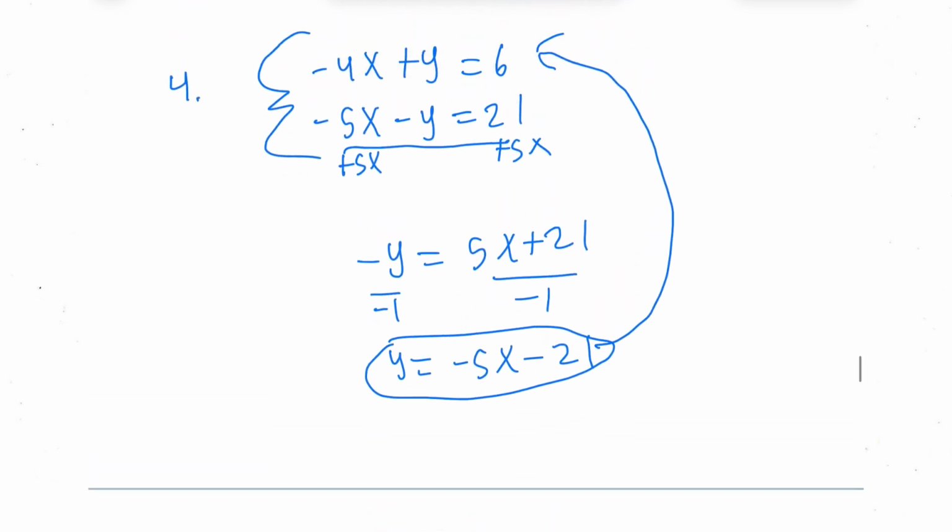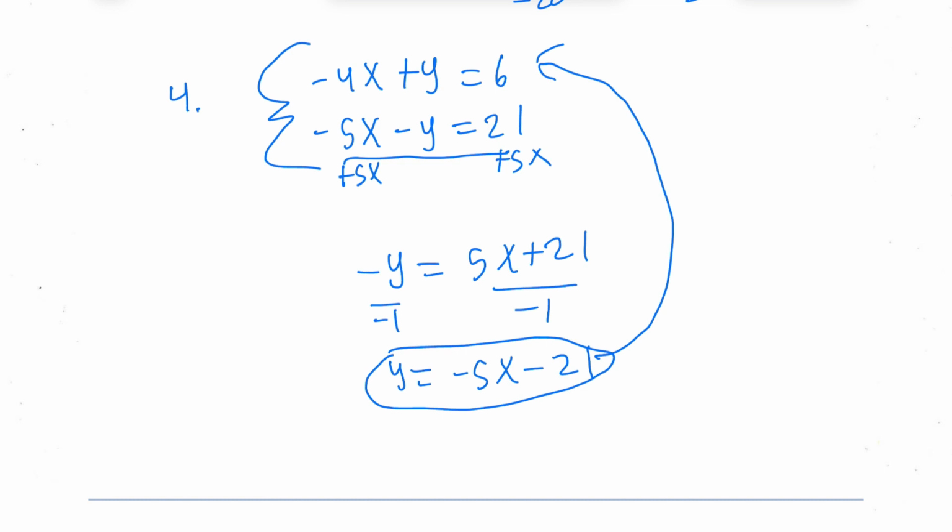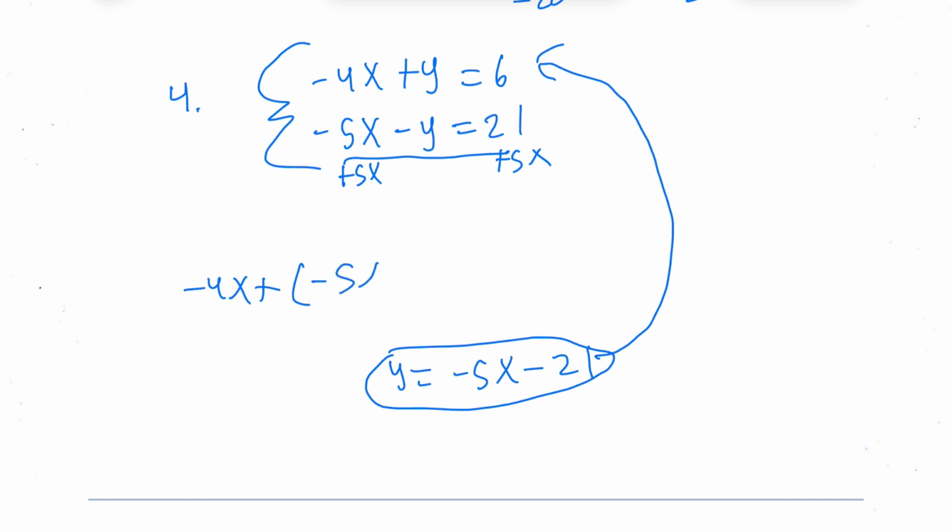Now if we go on to do that, I'm going to erase some stuff here. We get that negative 4x plus, and now instead of y, we have negative 5x minus 21, is equal to 6. Clearing up some more room here.